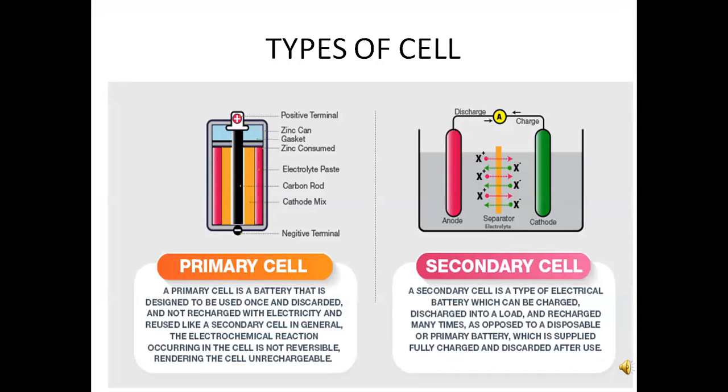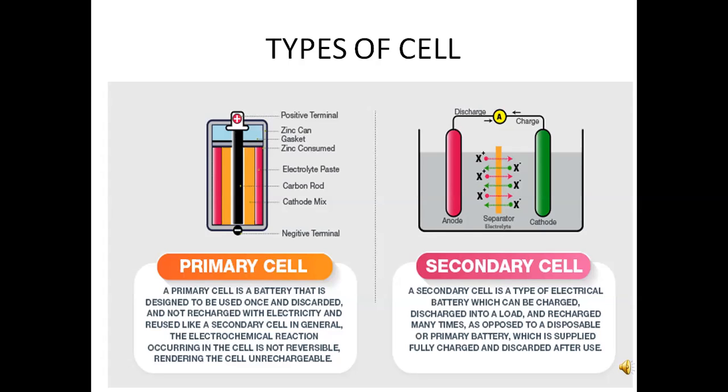Next, types of cell. Already you studied about cells. There are two types of cells, primary cell and secondary cell. The dry cell commonly used in torches is an example of a primary cell. It cannot be recharged after use.